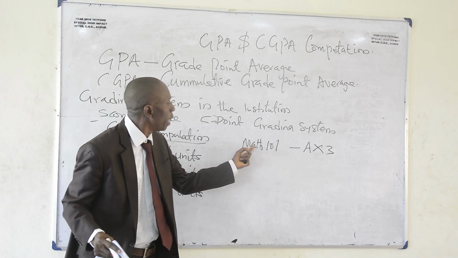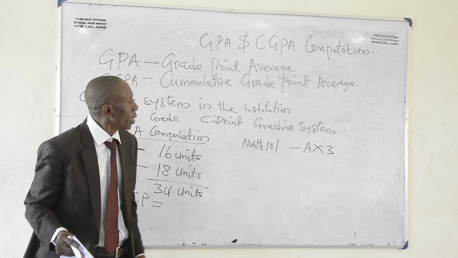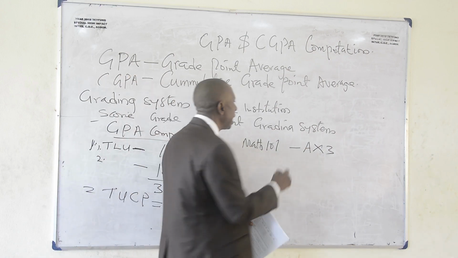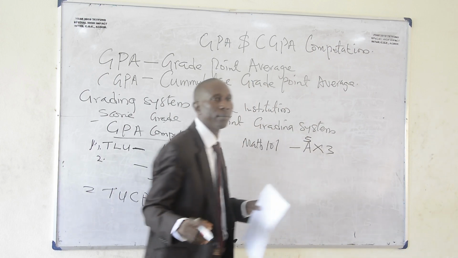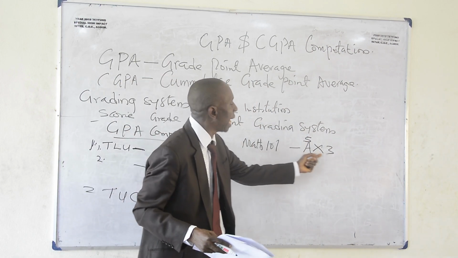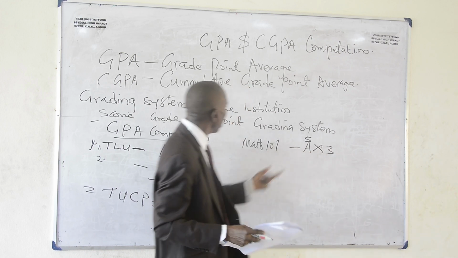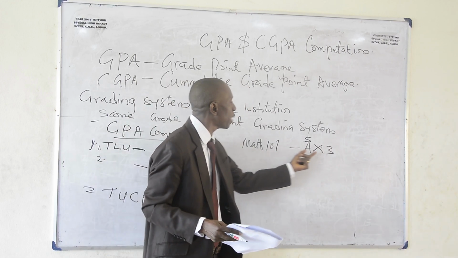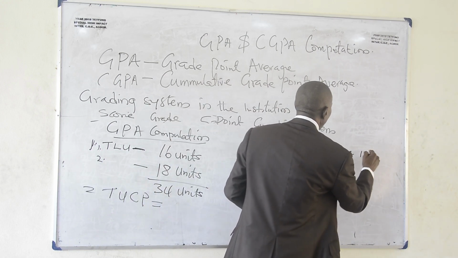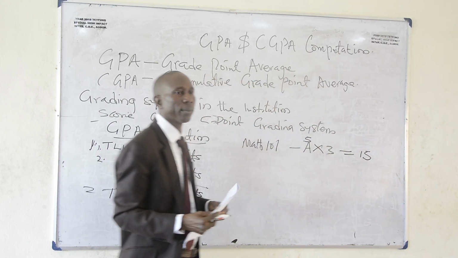Now, for instance, your MTH 101, you scored an A. Your A is graded 5. It will be 5 times 3 because the course MTH 101 has been assigned the unit 3. So this one will give you 15.